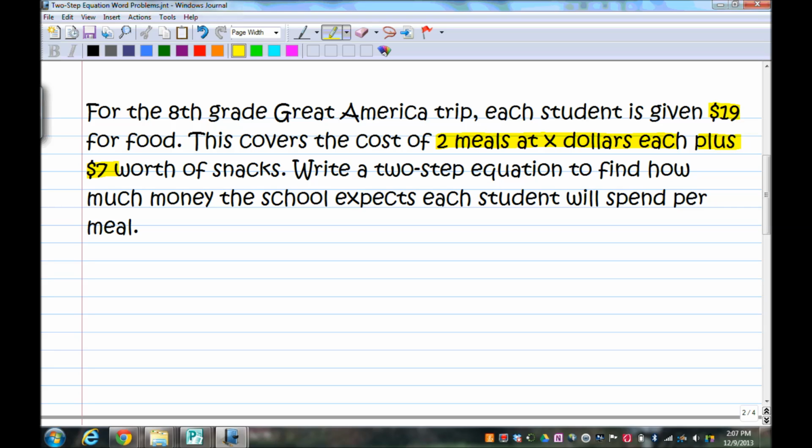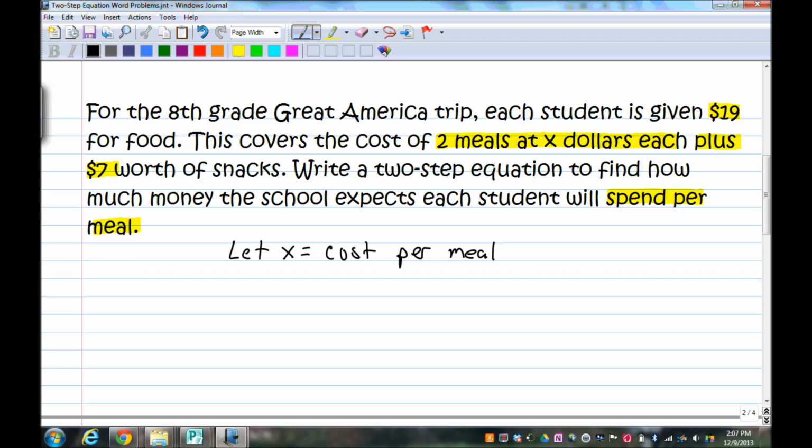Now, the thing about word problems, if you go to the very last sentence, you will almost always find what you're solving for. So here, spend per meal. That's what you're actually solving for. So if I were to write a let statement, I would say let X equal the cost per meal, because that's what I really want to find out.